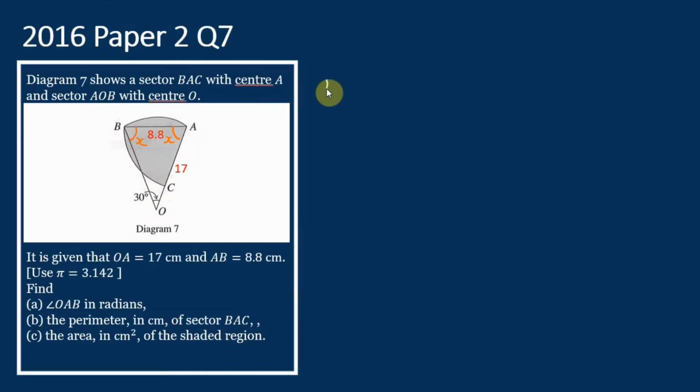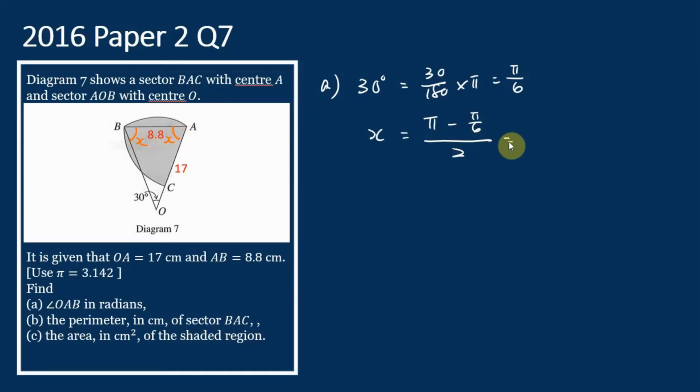So let's convert this 30 degrees to radian first. 30 degrees is equal to 30 over 180 times pi, which is equal to pi over 6. x is equal to pi minus pi over 6, where pi is 180, and then divided by 2 because we have 2x here. This is equal to 5 pi over 6 divided by 2, which is equal to 5 pi over 12. So this is angle OAB.